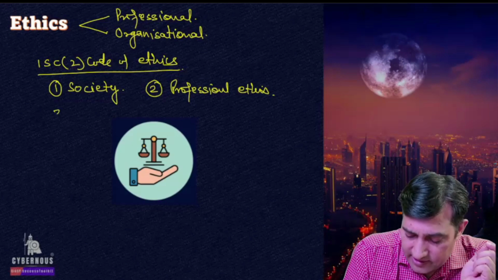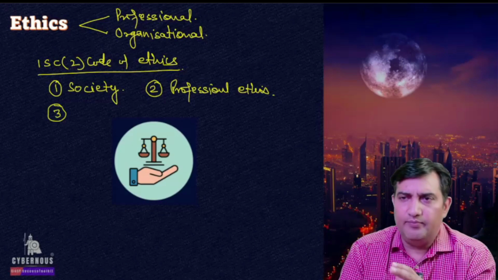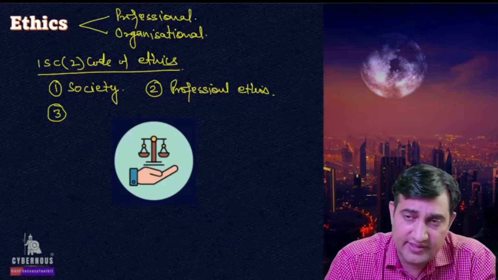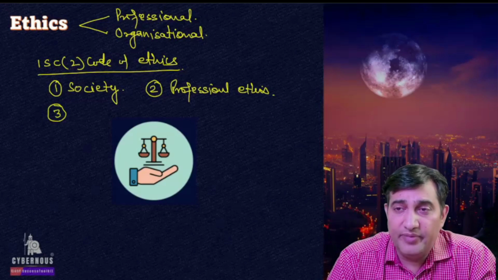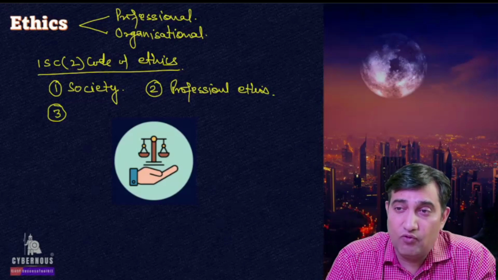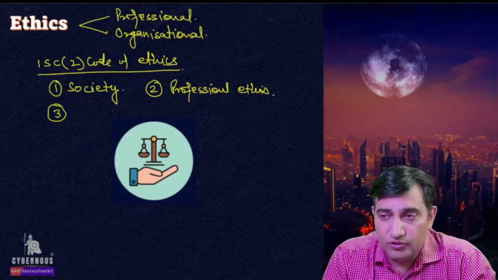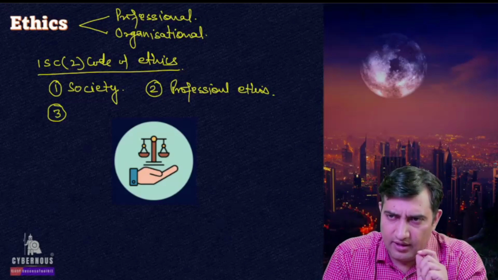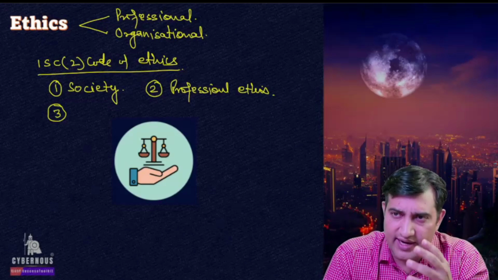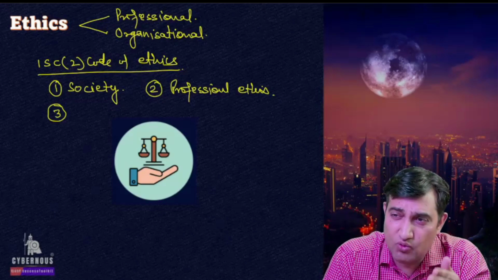The third ethics, which is also very important, is ethics number 3 in the ISC2 Code of Ethics. It says: provide diligent and competent services to your principals. Principals means the employers for whom you are working. So you need to always be in a mindset of performing due diligence and letting the management know if something is going bad.